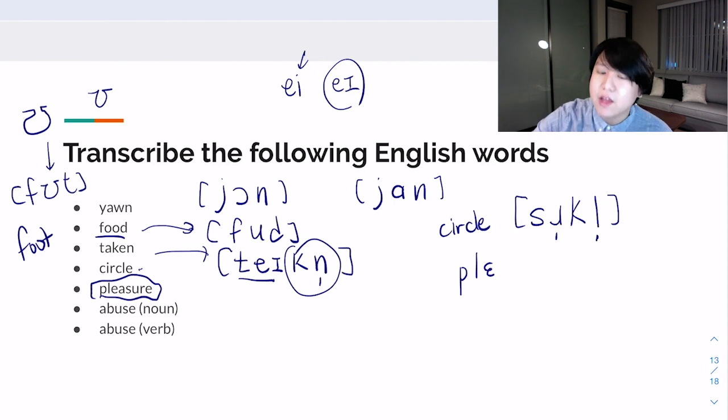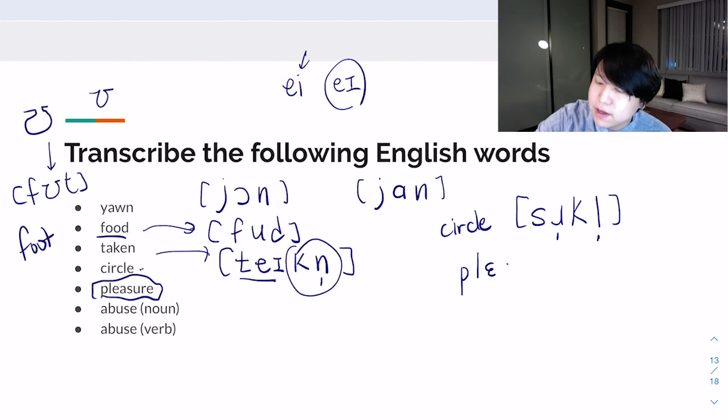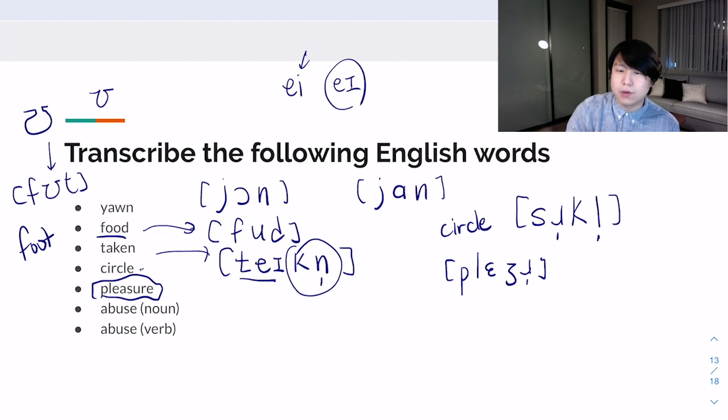The second syllable is a fricative, not an affricate, as in pleasure, usual, Asian. This one looks like 3. This is a voiced post-alveolar fricative. And the final syllable is another syllabic consonant. That's how you transcribe the word pleasure.